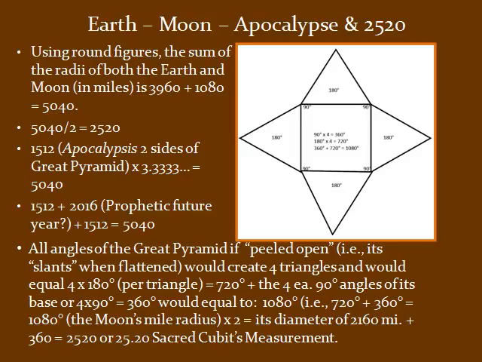Using round figures, the sum of the radii of both the Earth and Moon in miles is 3,960 miles, which is the radius of the Earth, plus 1,080, which is the radius of the Moon, will equal 5,040. 5,040 divided by 2 will equal the sacred cubit's number, 2520.